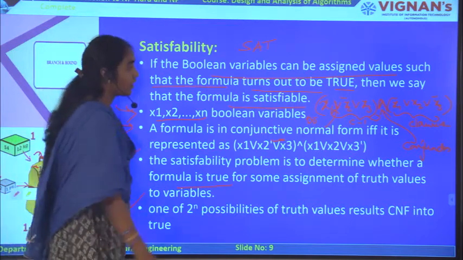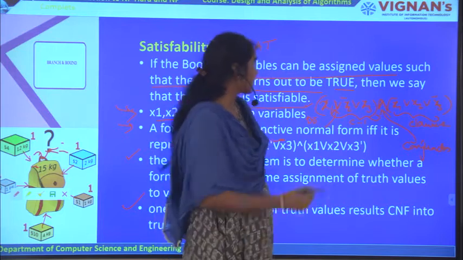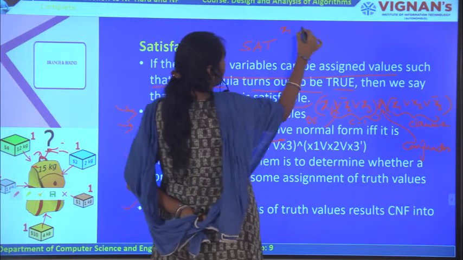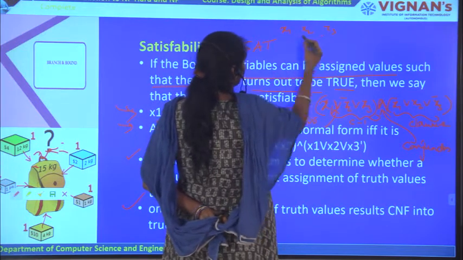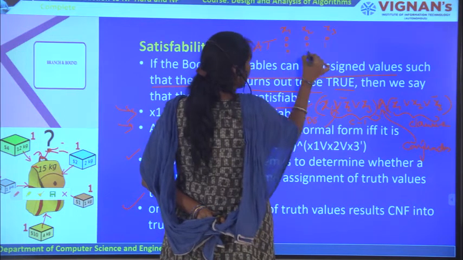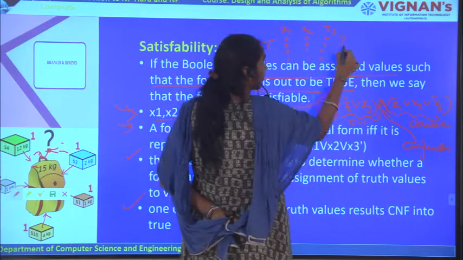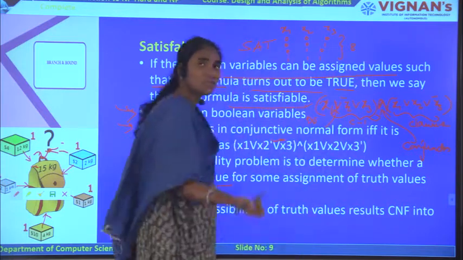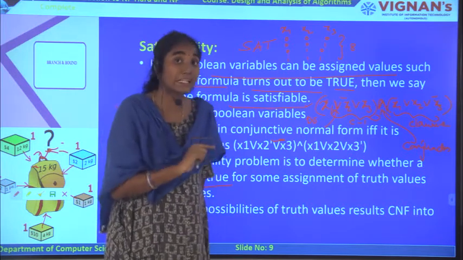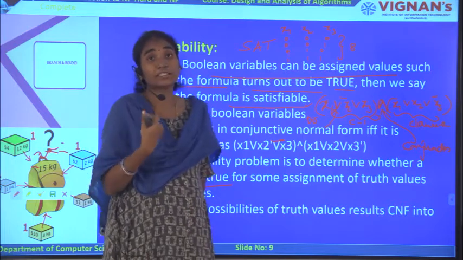Now, let us consider this example. I have three variables x1, x2, x3. So 0 0 0, 0 1 0, 1 0 0, likewise how many can I write? Up to 1 1 1. So how many combinations do I have? 8 combinations. For any one of the combinations among the 8, it will yield us true. Am I right or not? So how many possibilities do I have to check?